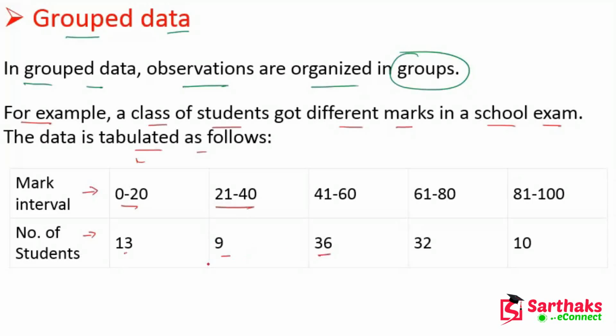There are 36 students for marks 41 to 60. There are 32 students having the marks between 61 to 80, and there are 10 students having the marks between 81 to 100. So this is the grouped data. I hope you understand these things, my dear friends.